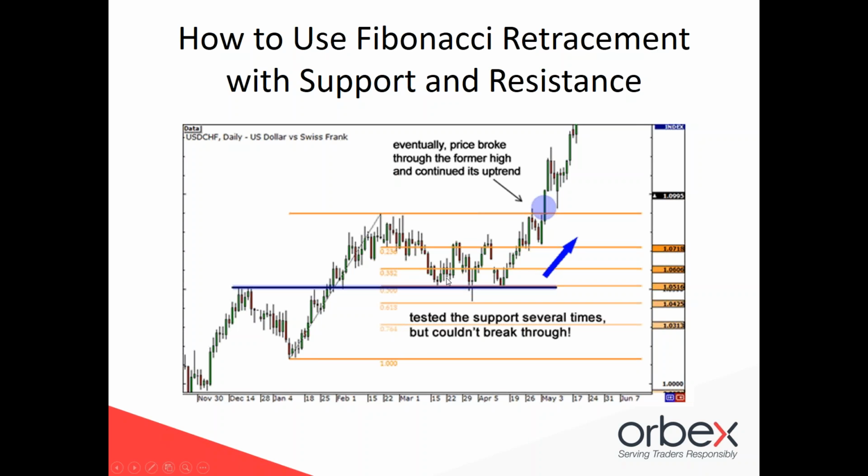So even if it tested 3 times, as long as your stop is still there, you shouldn't be worried, because your stop is not hit yet. Got it? And it continues all the way back up. So when you have a confluence, that would be pretty good.